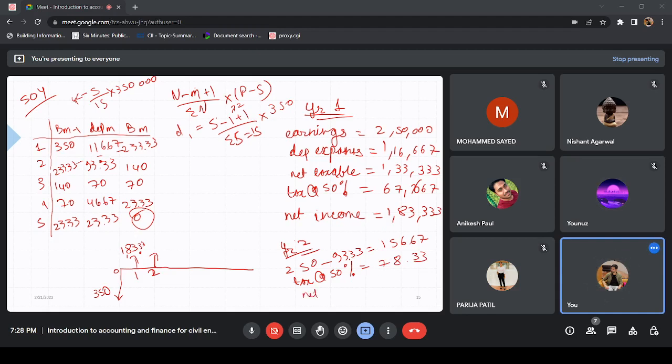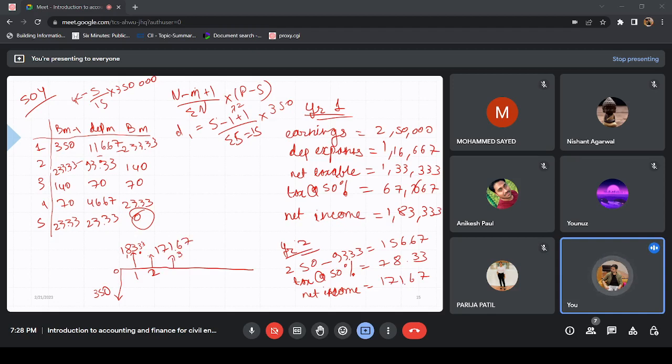So net income becomes 250 minus your tax, whatever you're paying, right? 171.67. So this arrow should be a little bigger and a little smaller. I mean, visually we should be able to identify. So 171.67.